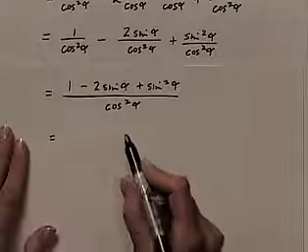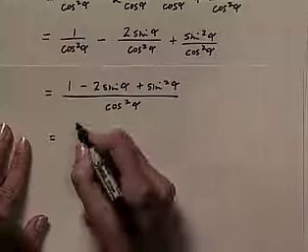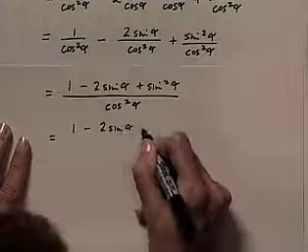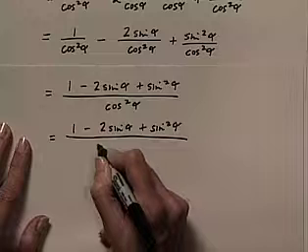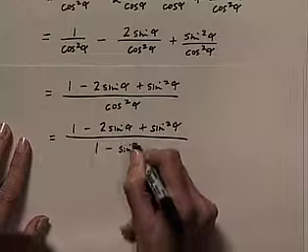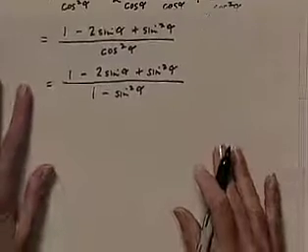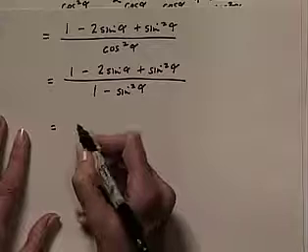So we're going to look at this in 2 steps. First of all, I'm just going to rewrite the numerator for the first step. And in my denominator, I'm going to use the Pythagorean identity, which tells us that we can rewrite cosine squared alpha as 1 minus sine squared alpha. Now I'm going to factor both the numerator and the denominator.